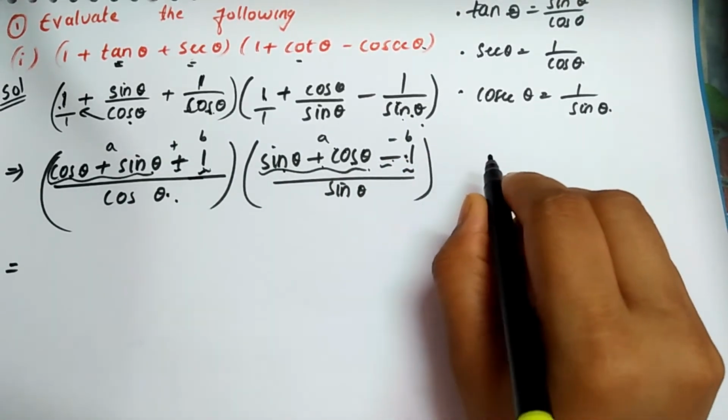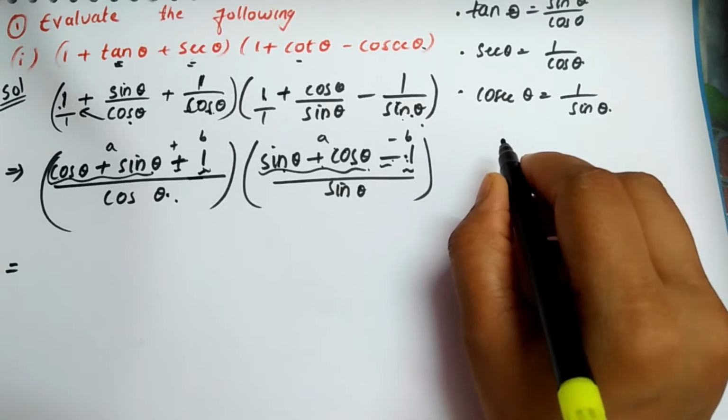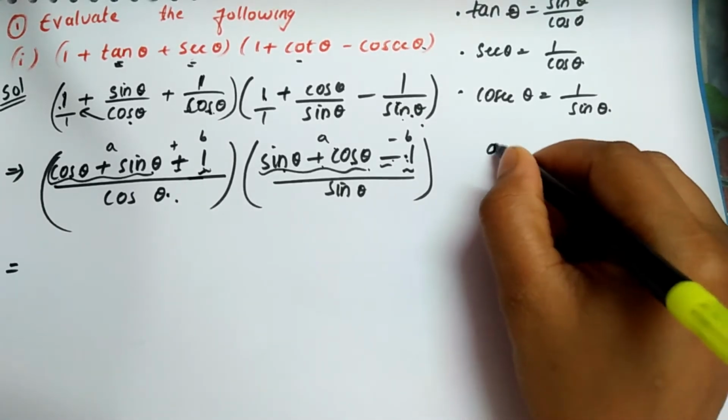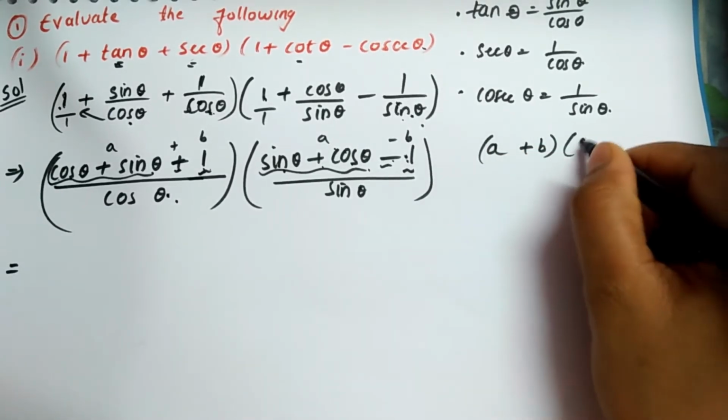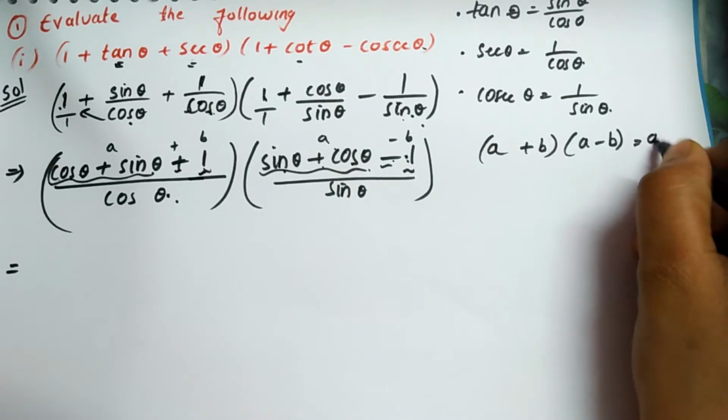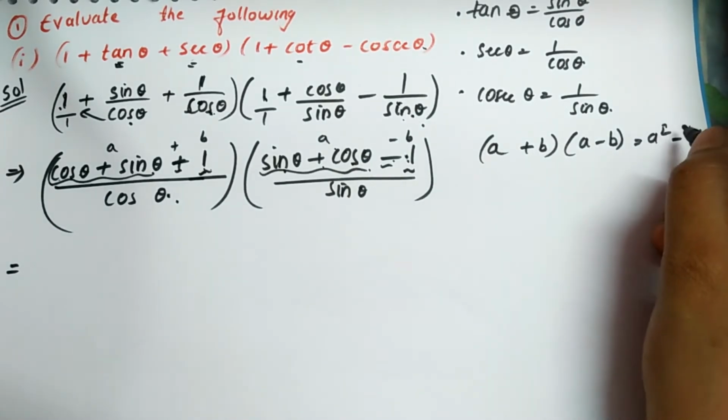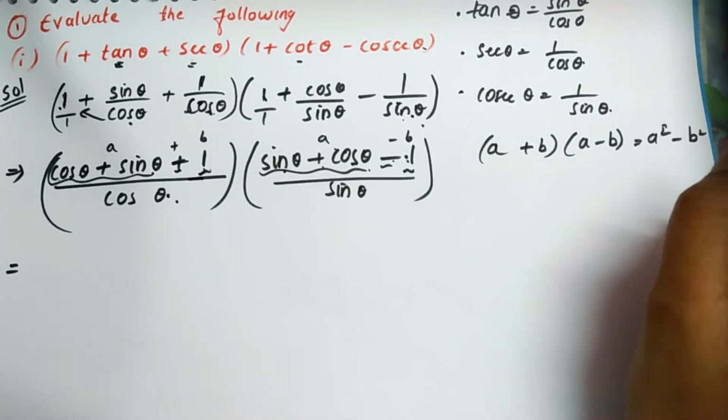You need to observe directly, seeing the problem. You need to quickly see which identity it belongs to. We know one of the formulas, a plus b into a minus b is equal to a square minus b square. This is the formula we have been learning since childhood, maybe.